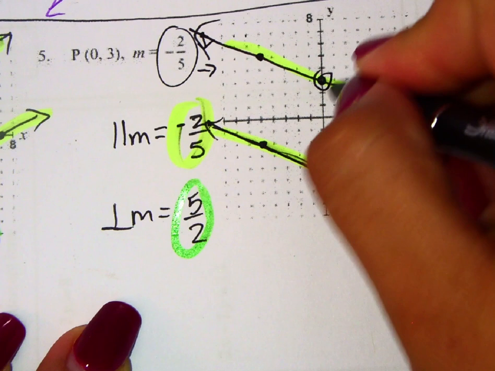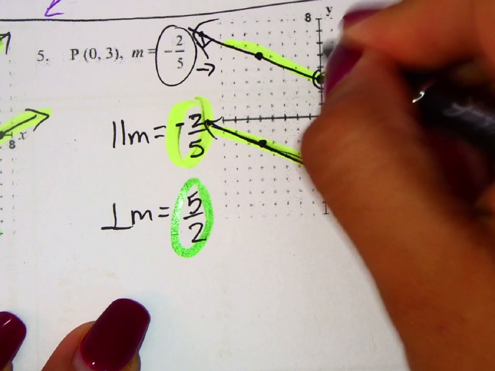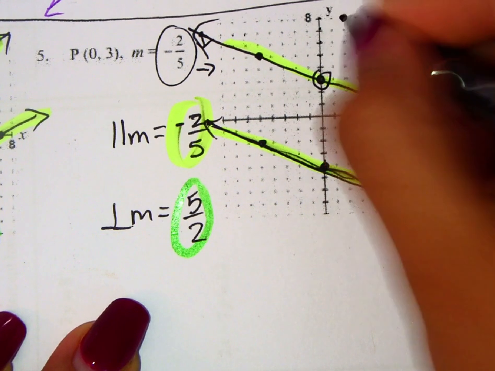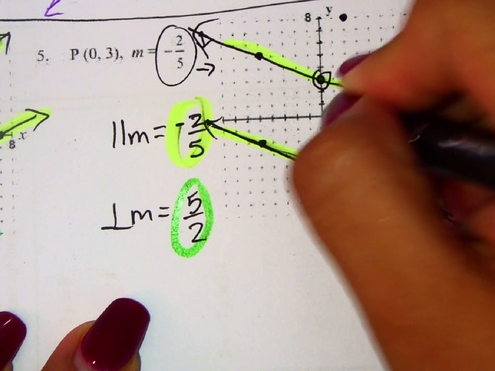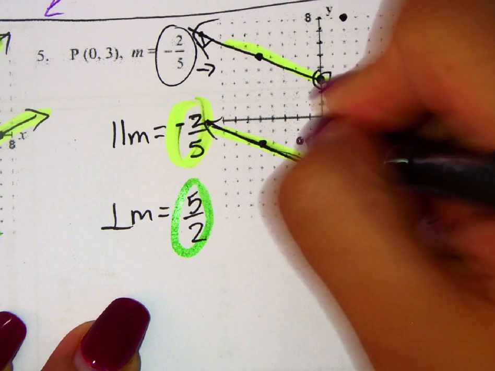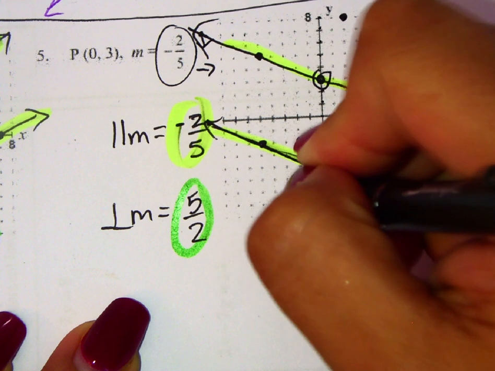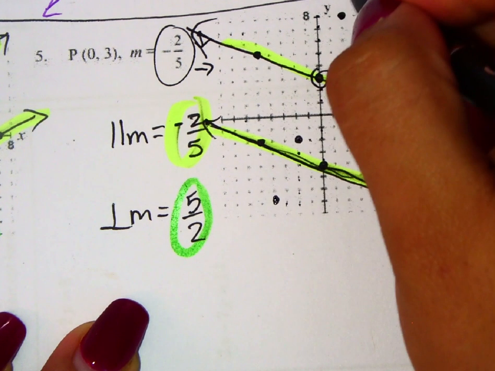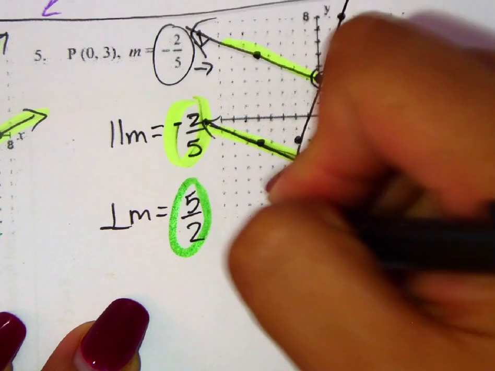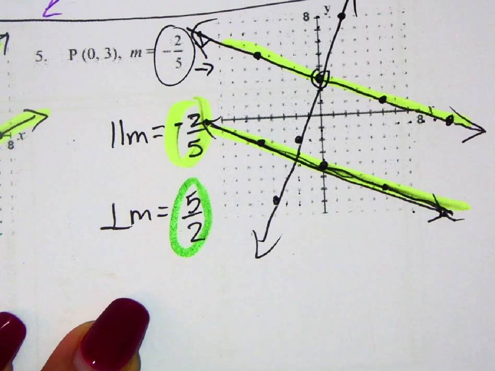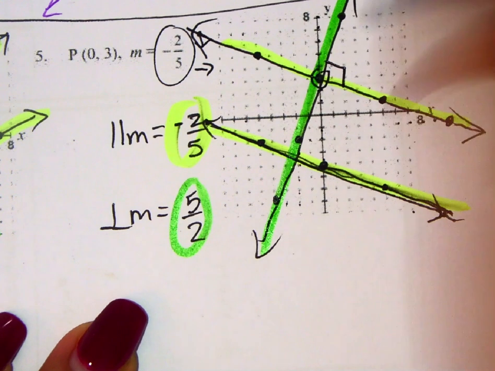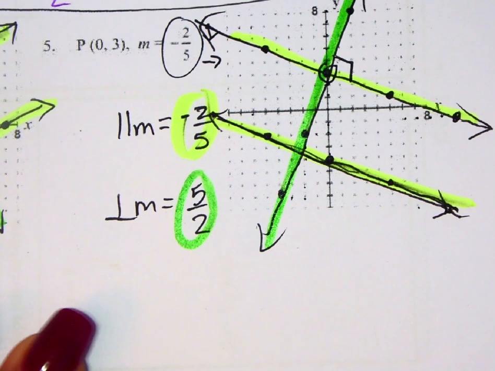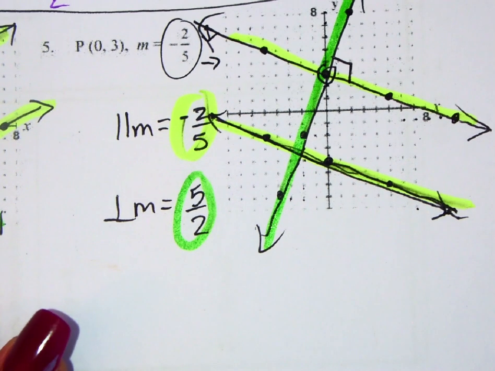We're going to go up 5, 1, 2, 3, 4, 5, and then across 2. Down 5, and across 2. So this creates that perpendicular line to both of the parallel lines, specifically the original that they give you. All right, go ahead and practice to get better at this.